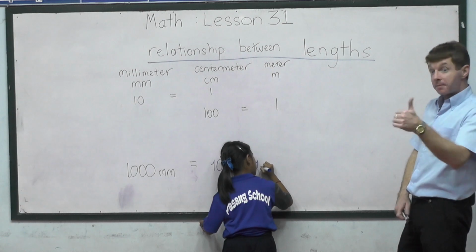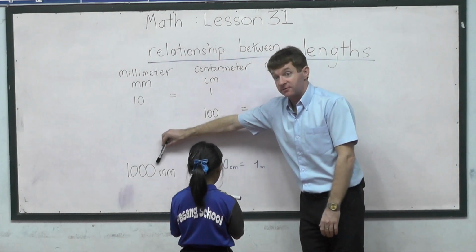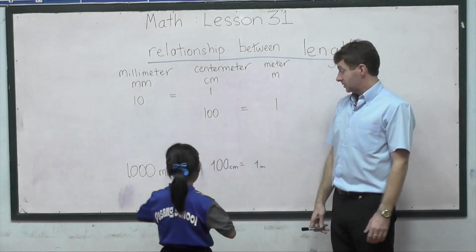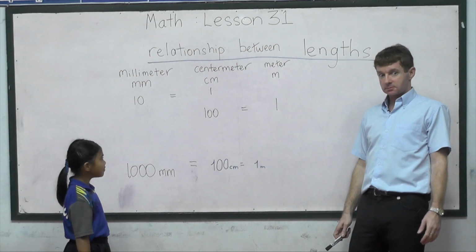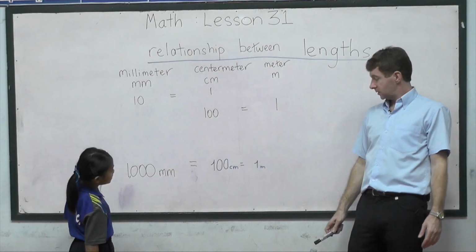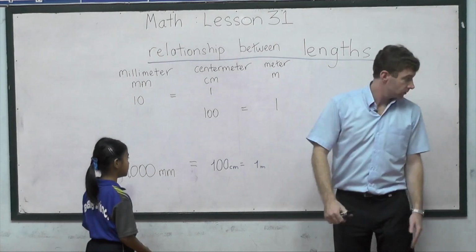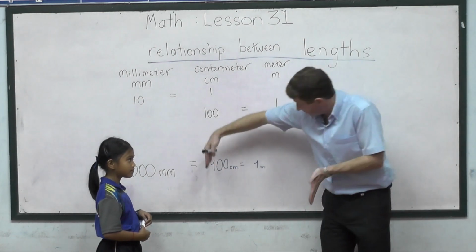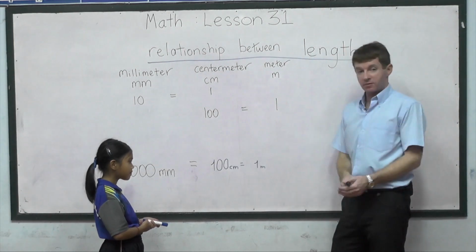Okay. So that's the basic outline. That's a good one to start. 1,000 millimeters equals 100 centimeters equals 1 meter. This is the same length. Everything is the same, but it's different units of length.